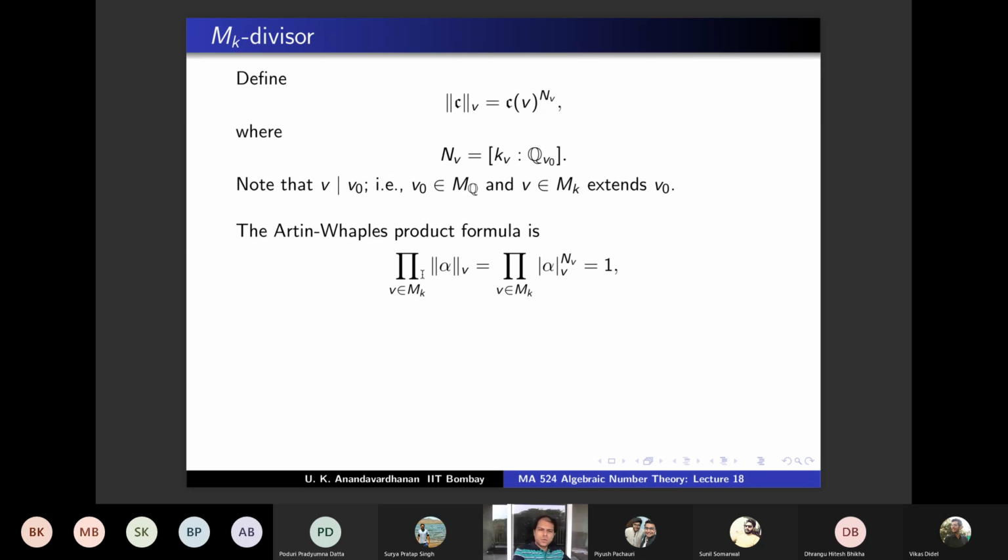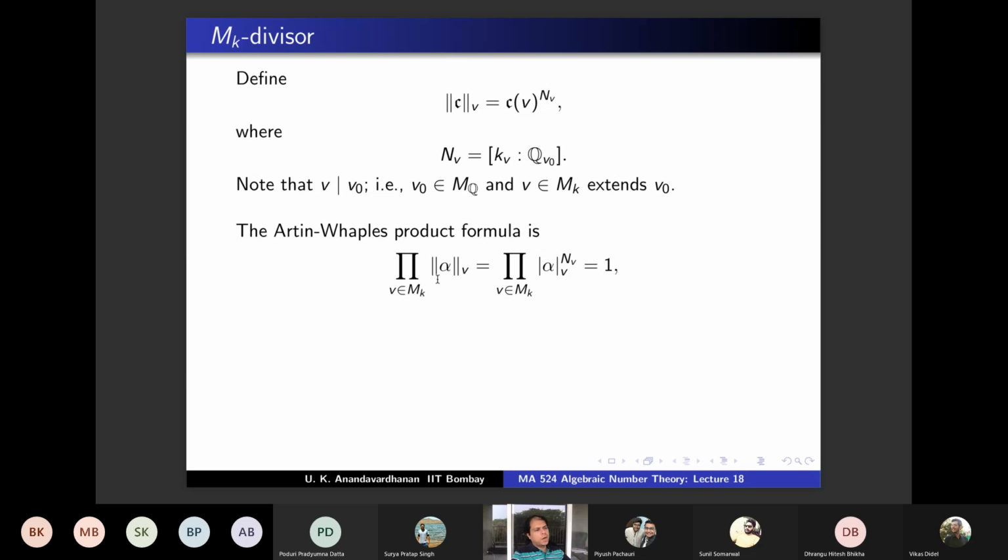So the usual proof for Q together with one more fact proves this formula, and that fact is from chapter 2, which I highlighted in the last class. We didn't give the full proof, but it is the relationship between norm alpha and alpha, between absolute values.